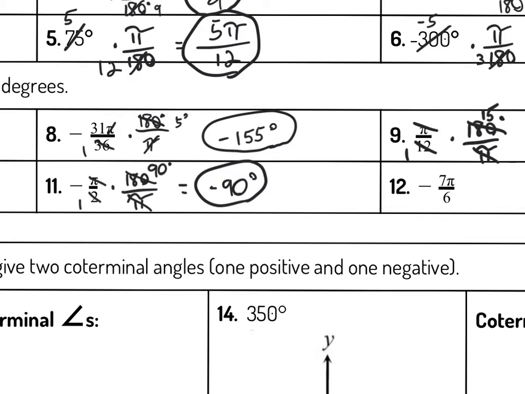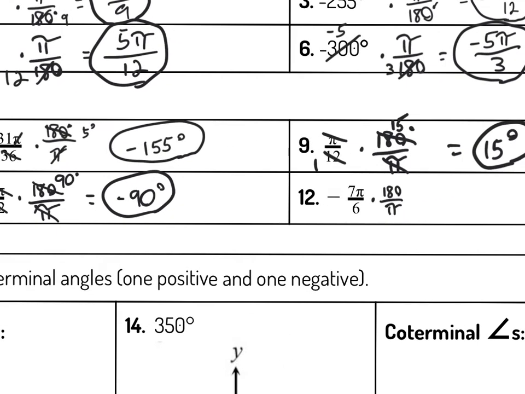And negative 7 pi over 6. 180 over pi. The pi's will cancel. The 6 goes into 180 30 times. Negative 210 degrees.